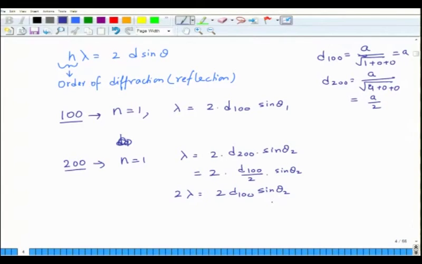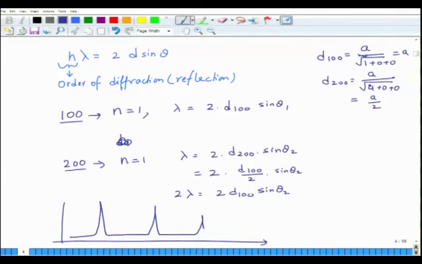reflection or diffraction peak. So, when you have these diffraction peaks, you will have diffraction peaks in modern machines like these. This is intensity, this is 2 theta. So, let us say if this is 100, I am not drawing other peaks, this will be 200, this is 300, this is 400.